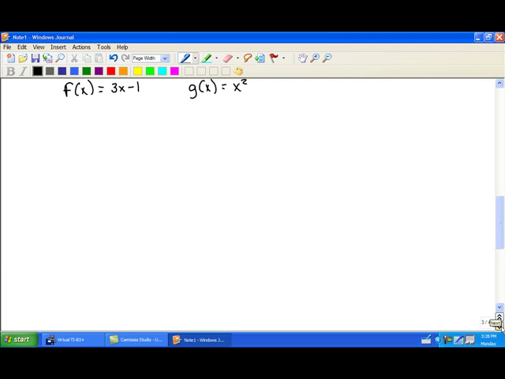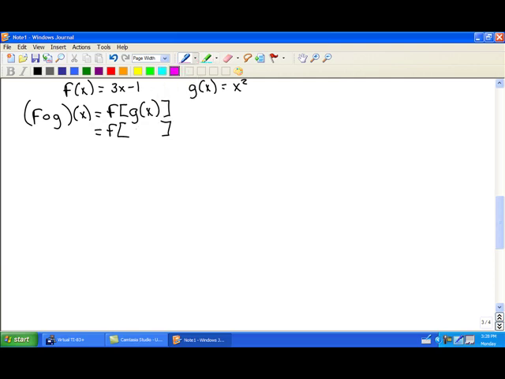Let's look at two different functions, f of x equaling 3x minus 1 and g of x being x squared. If we're going to look at f composed with g of x, that means we want f on the outside and g on the inside. We're going to replace the inside function.